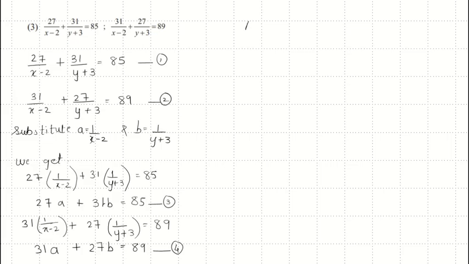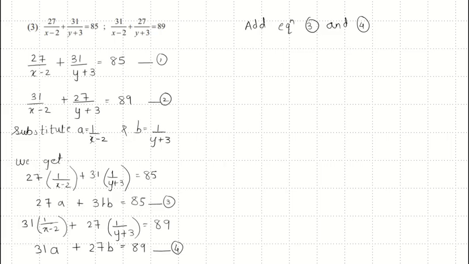Now what we will do, we will add both equations, equation 3 and equation 4. The new equations that we got, we will add those equations. Remember, whenever the numerals are opposite and the denominators are the same, then try to add the equations. So here 27a and in the second equation it is 27b.